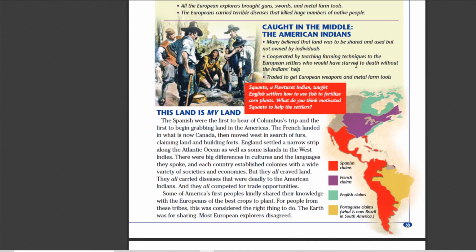Let me just say something real quick about the helping of Europeans. When you see a group of people come in with amazing things like muskets and metal tools, you're going to think, I mean, if aliens came down and had ray guns, the governments are going to be interested in those items, and so they're going to try to be friendly.